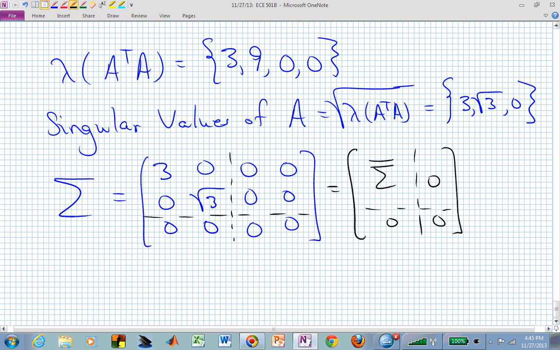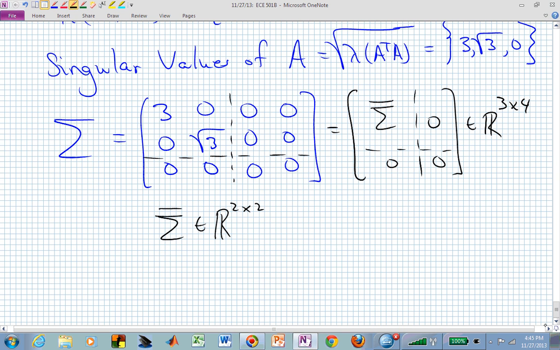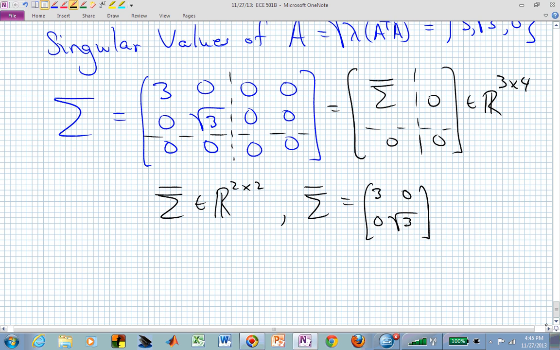In this case, sigma bar is 2 by 2, where the matrix is 3 by 4, and sigma bar is 3, 0, 0, square root of 3. Those are now our singular values.